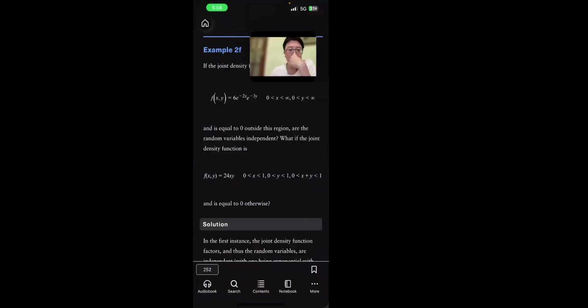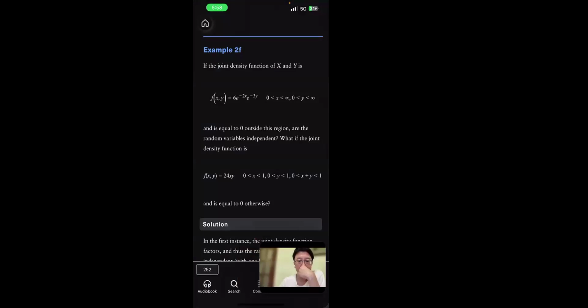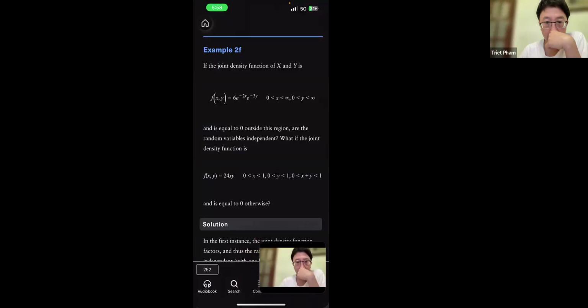Okay, so it's example 2F. They define the first joint density function and they say that the two variables are independent, which I understand because they're using the theorem where you can factor it, right?